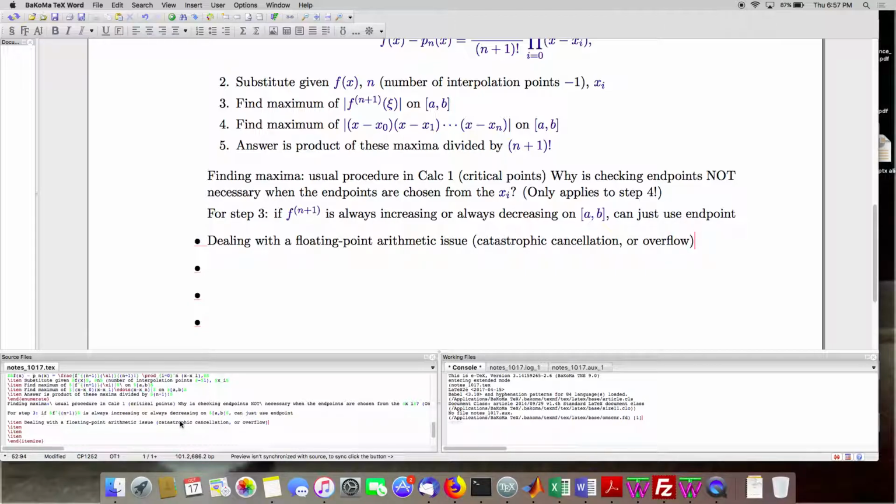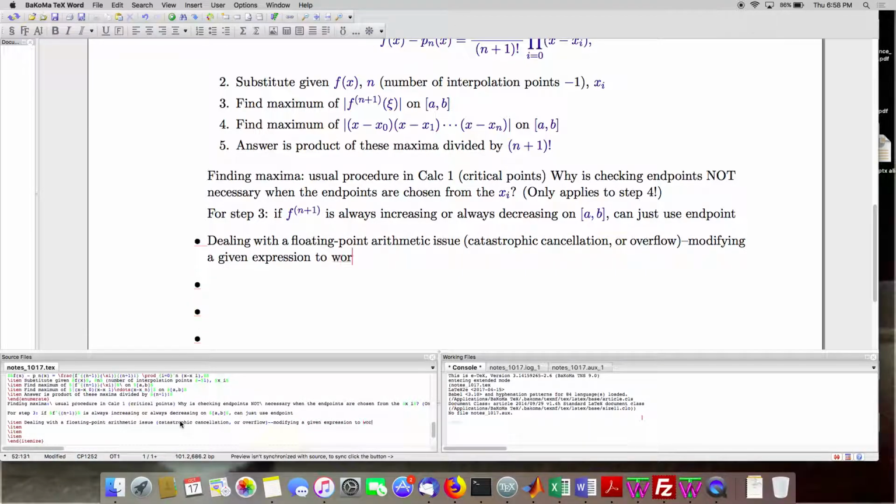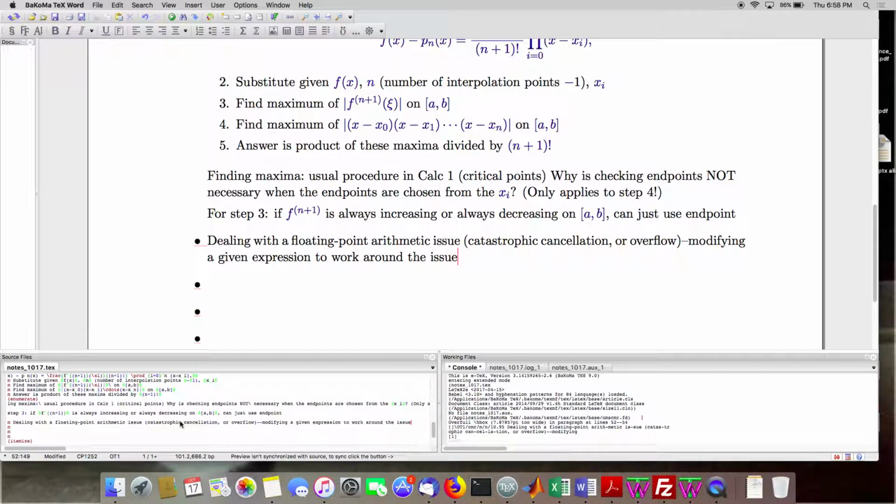You had both of these on homework 3. What you're doing is modifying a given expression to work around whatever issue it is.